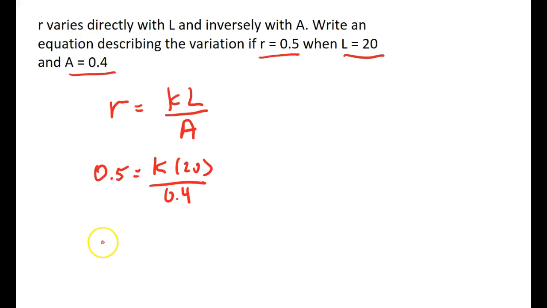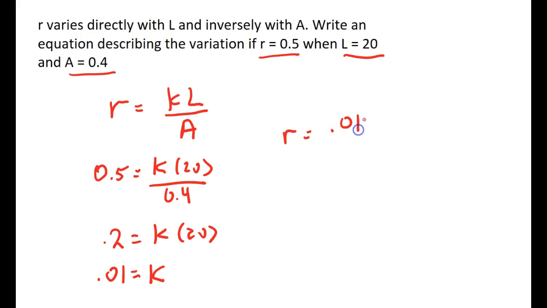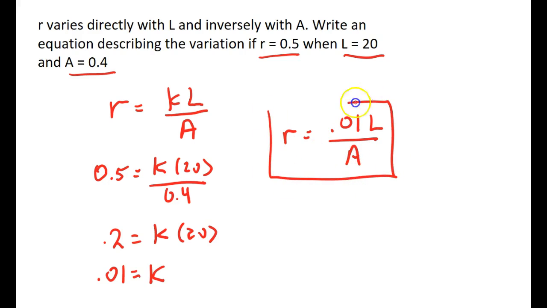Multiply both sides by 0.4. I get 0.2 equals K times 20. Divide both sides by 20, and I get 0.01 equals K. So R equals 0.01 L over A. That's an example of combined variation because we have both direct and inverse variation in the same problem.